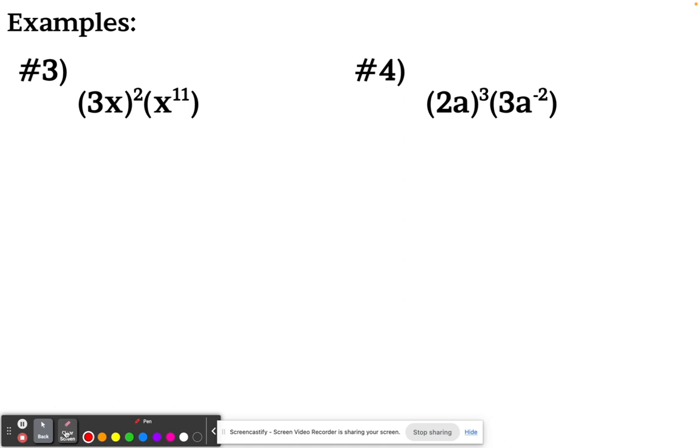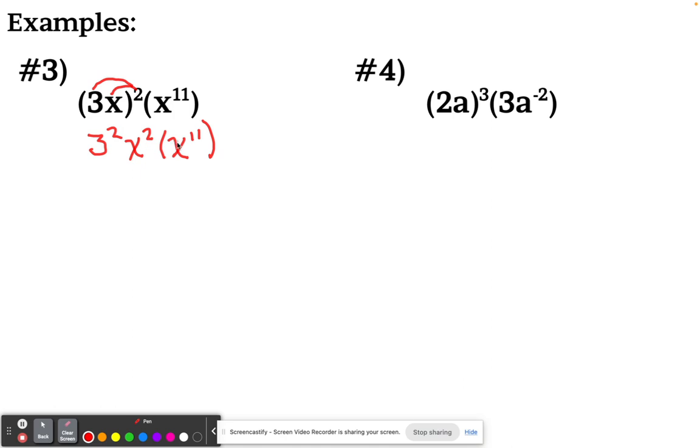Couple more examples. I have 3x to the second power, and I'm multiplying that times x to the 11th power. Again, I need to raise my 3 to the second power and my x to the second power. So 3 to the second power, x to the second power, and I'm multiplying that by x to the 11th power.